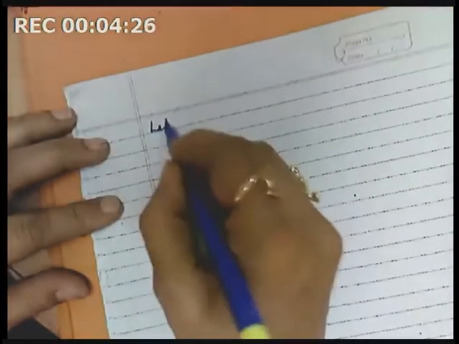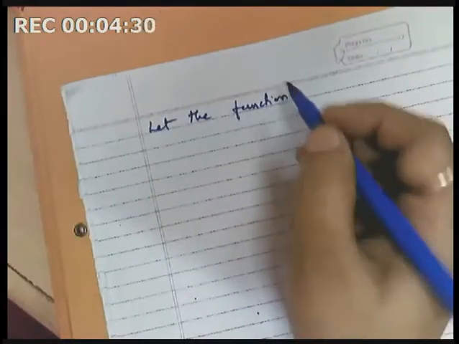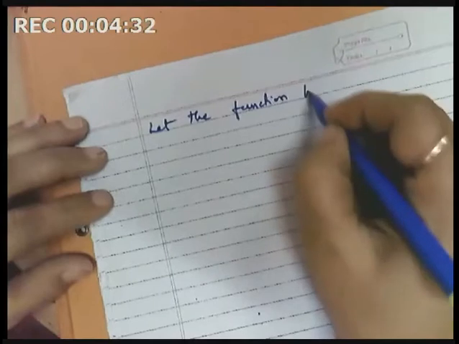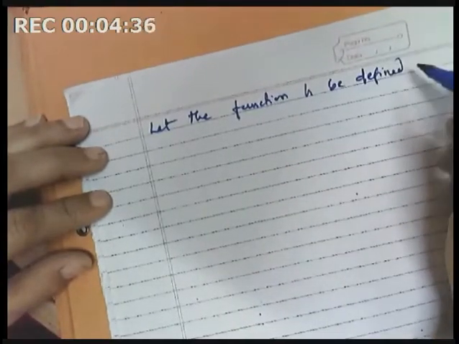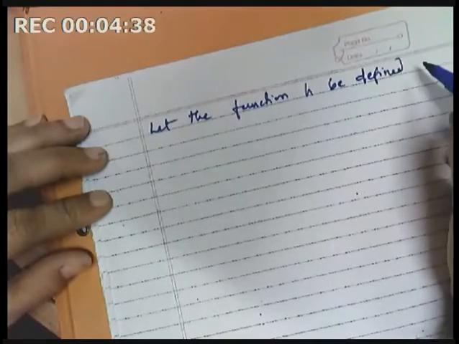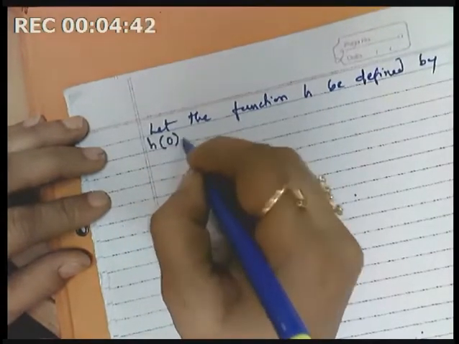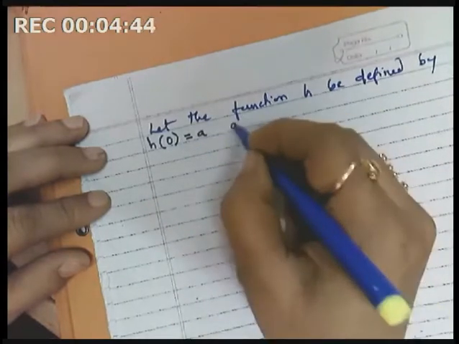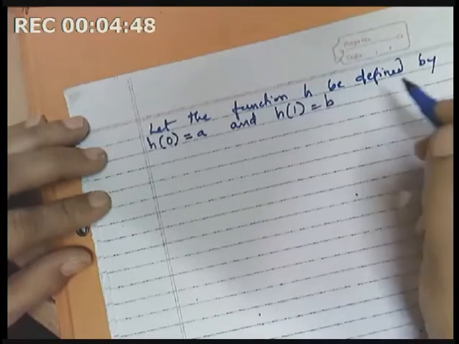For example, let the function h be defined by h of 0 is equal to a and h of 1 is equal to b.